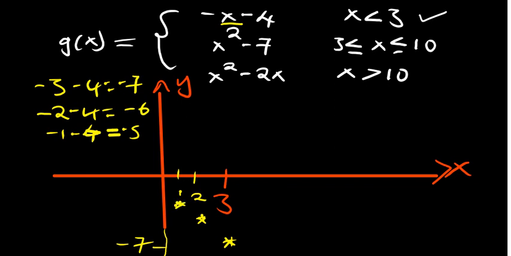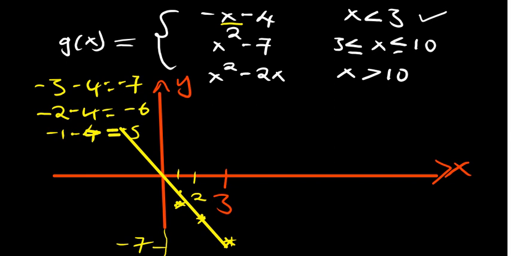So when it comes to sketching it, this is the way it's going to come out. So something like this. Like that. So it's ending at a point where x is equal to 3.